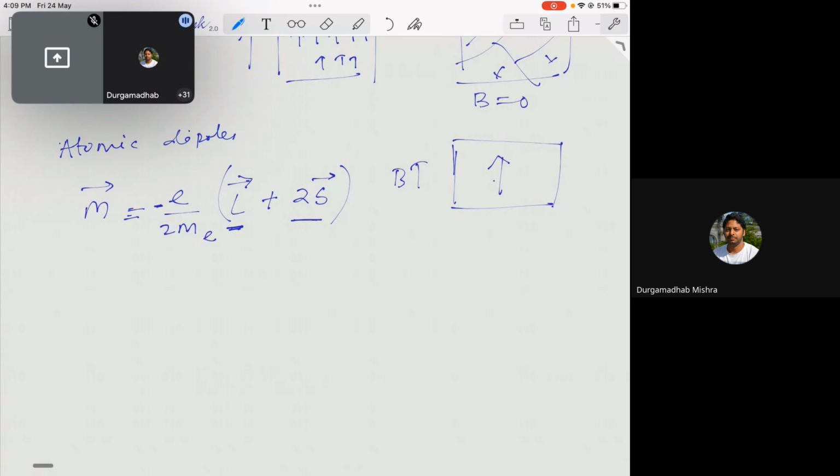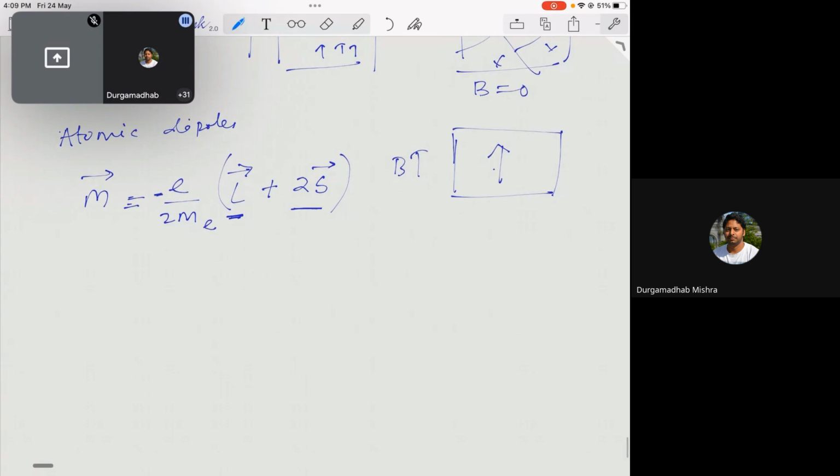Also, one can get a relation between B and, since we are talking about a collection of these dipole moments, one can quantify something called magnetization.